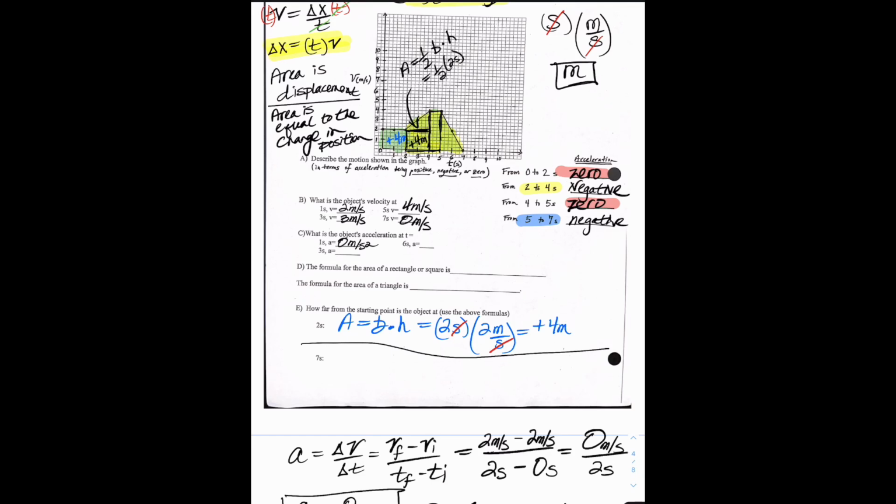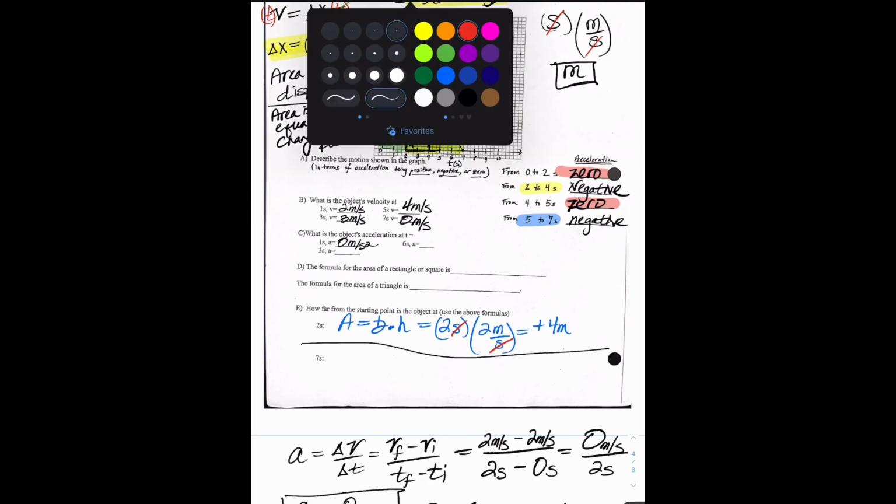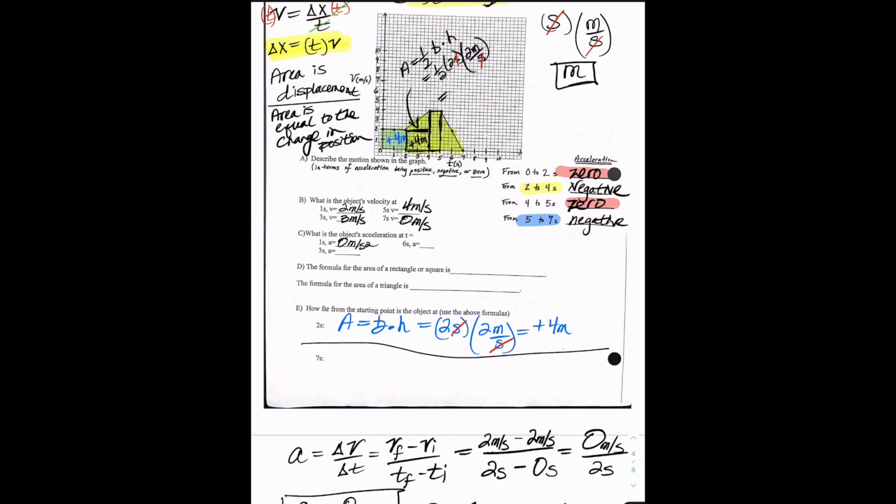The height is from 4 to 2, so it's going to be 2 meters per second. So I take 2 times 2, which is 4. I can cancel off my seconds, and we get 1/2 of 4 meters, which is 2 meters.